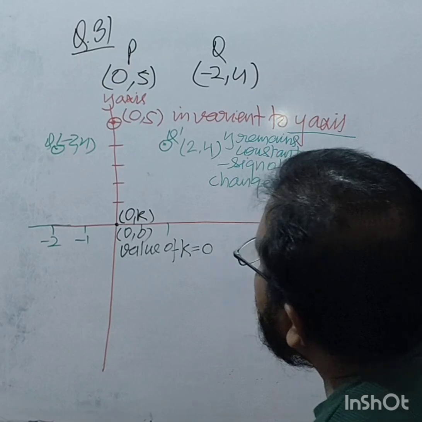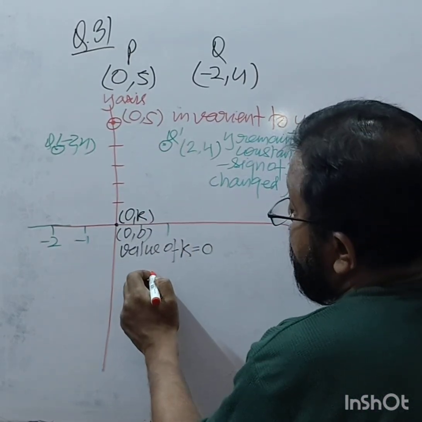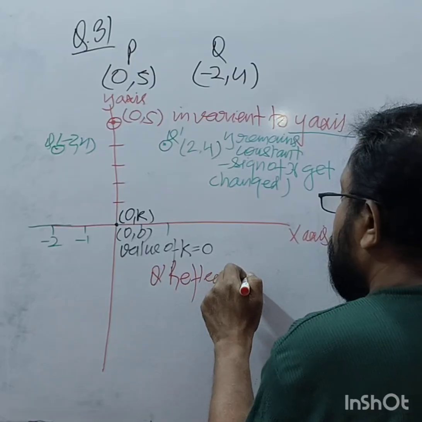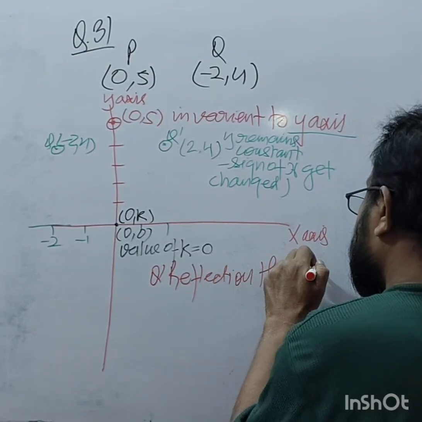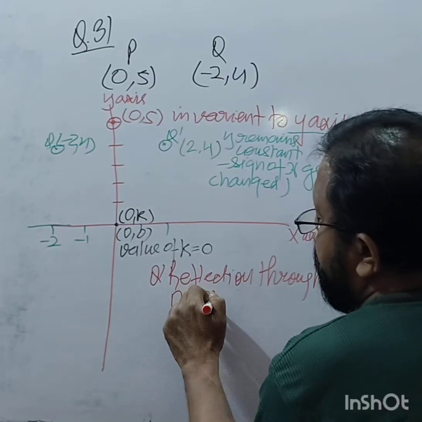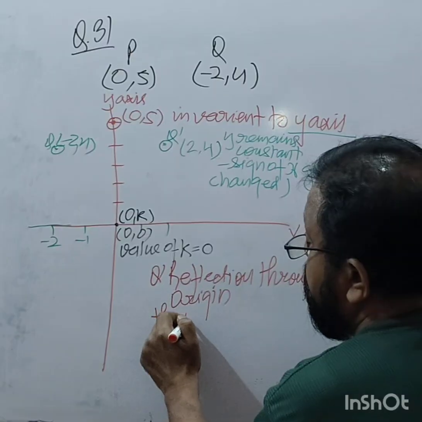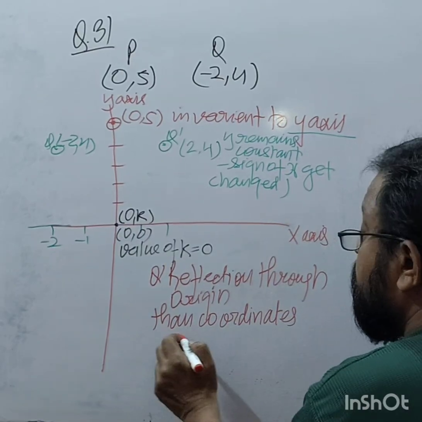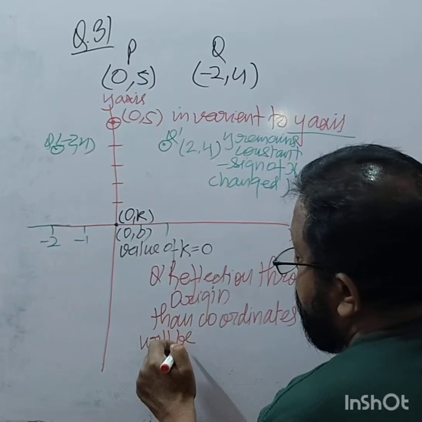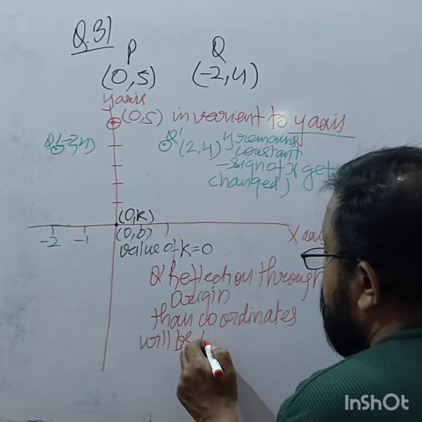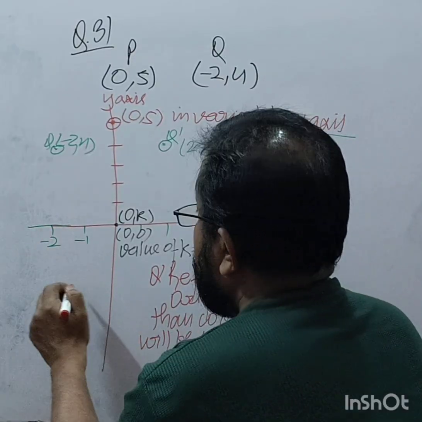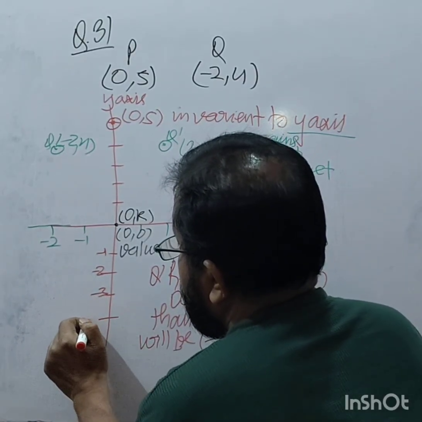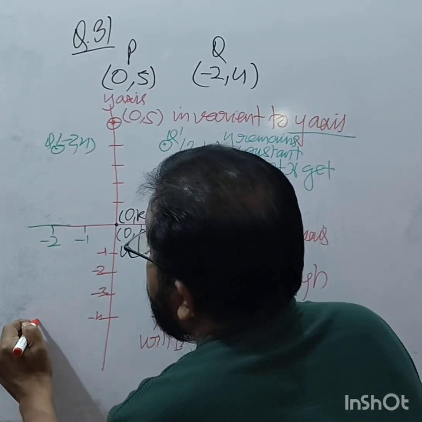Write down the coordinates of the image of Q. Q dash, by reflection through the origin, then the coordinates will be, from minus 1, minus 2, minus 3, minus 4, here will be.